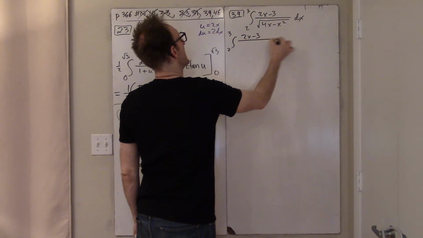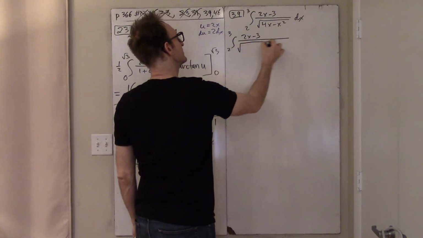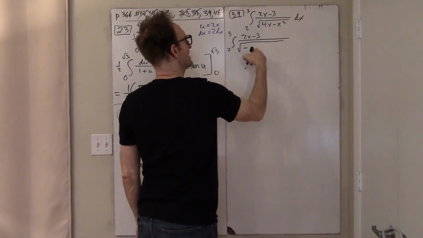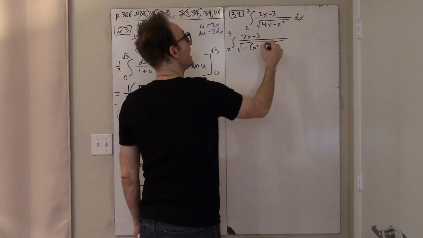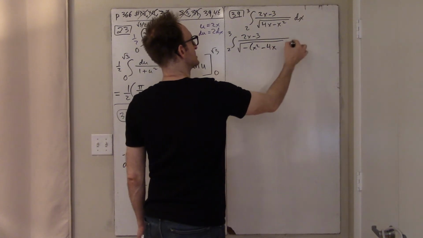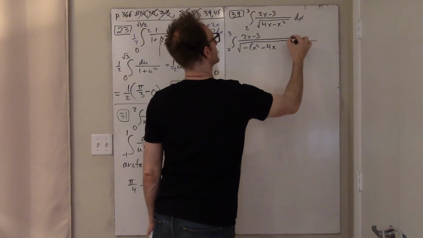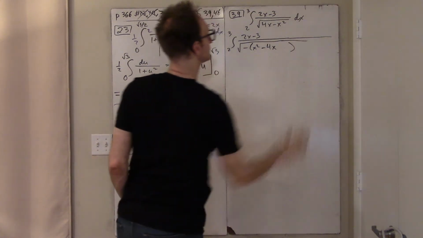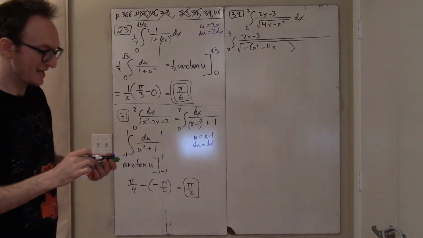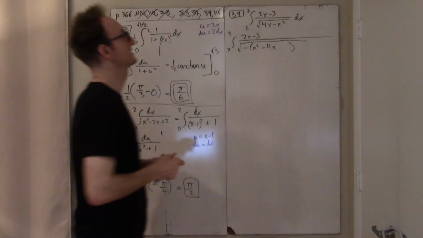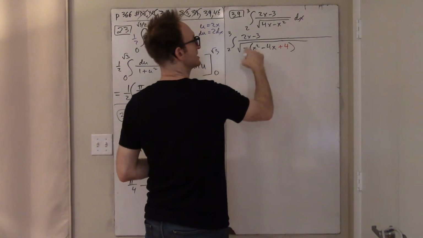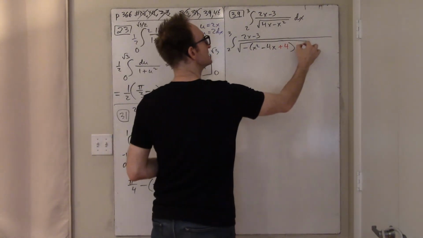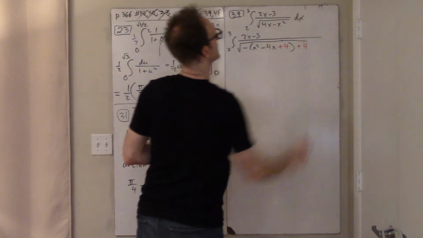Down here in the denominator, I factor out a negative, so it's negative x squared minus 4x. This is just how one completes the square. I need that to be a 4, so that becomes plus 4, and now I just subtracted a 4, so I need to add a 4 in the radical.